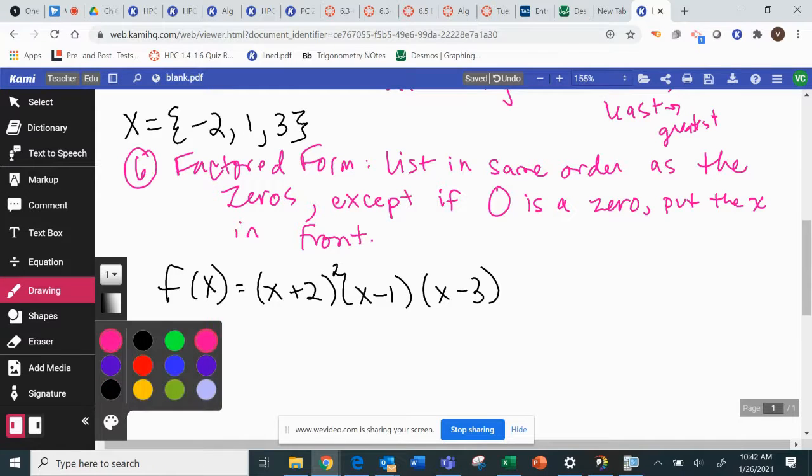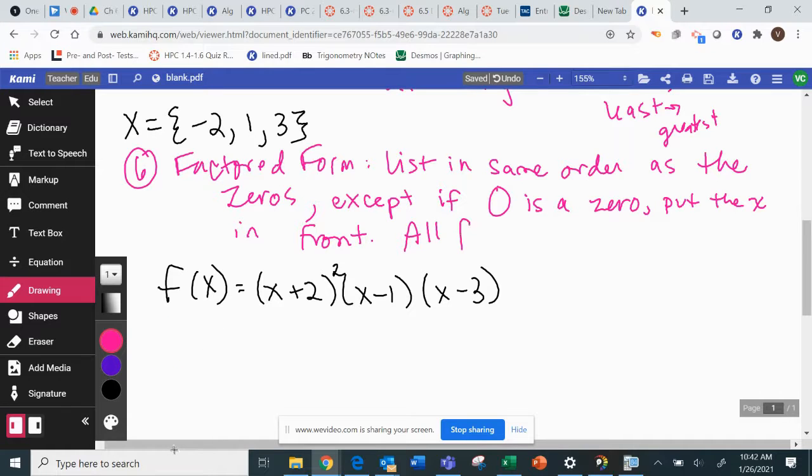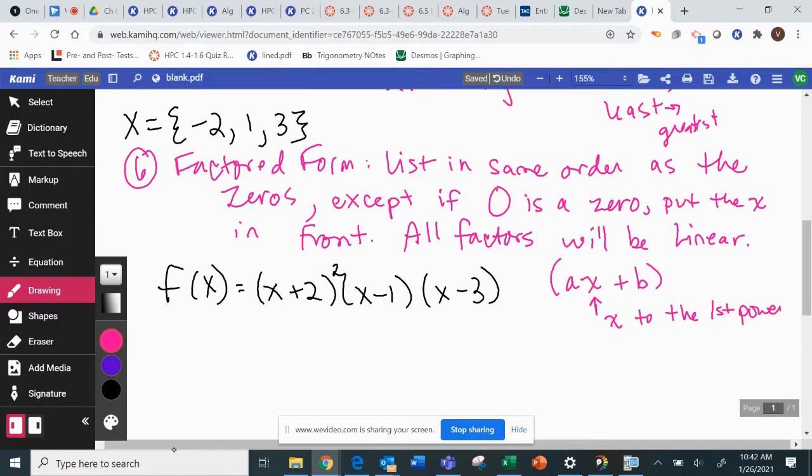In all of your factors, will be linear, meaning they will all have an x to the first power. They will not inside of the factor have a squared.